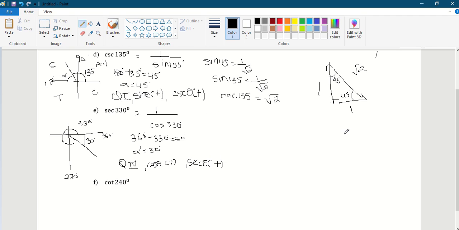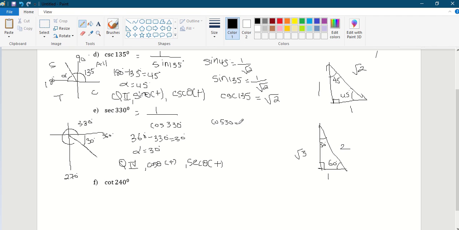Now value of cos 30, we can use the other triangle where let's say this is 30 degrees. Opposite of that will be 1. This is 90, 60, root 3 and 2. So in this case then cos 30 is adjacent over hypotenuse.